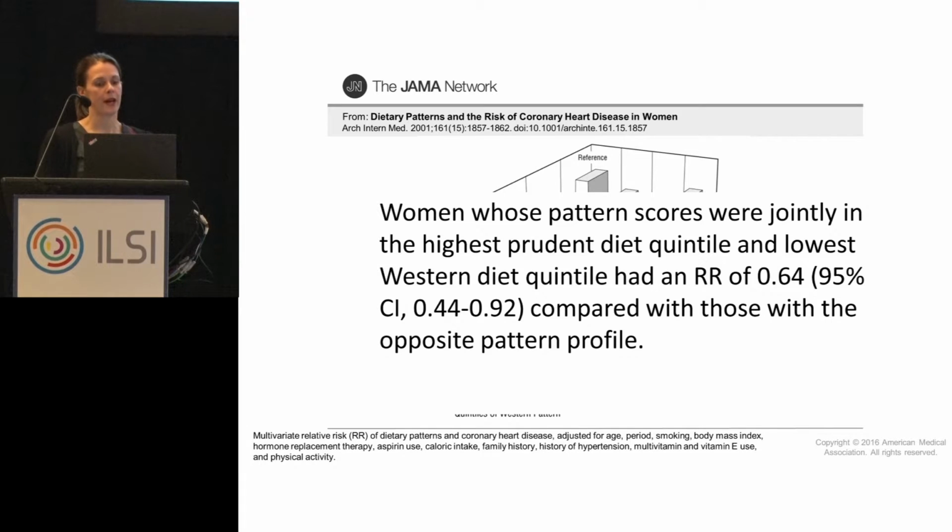So women whose pattern scores were jointly in the highest prudent and the lowest Western had the most significant reduction in risk for coronary heart disease when compared to the opposite profile.